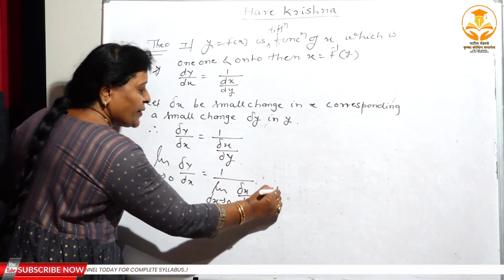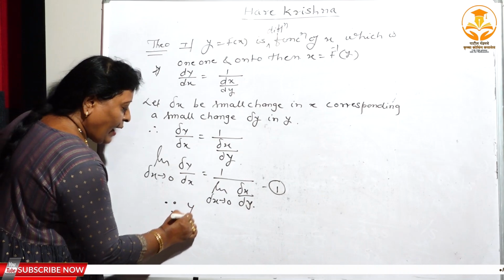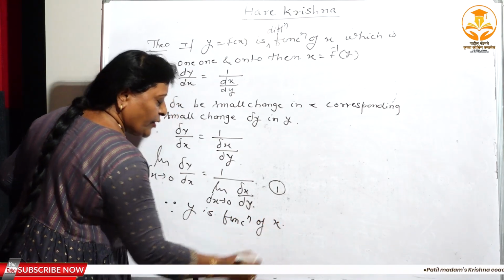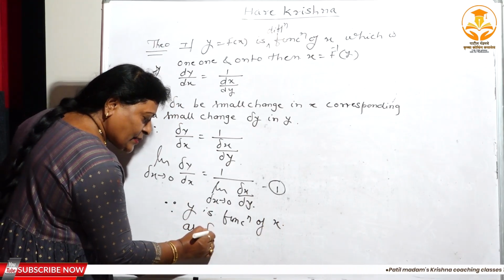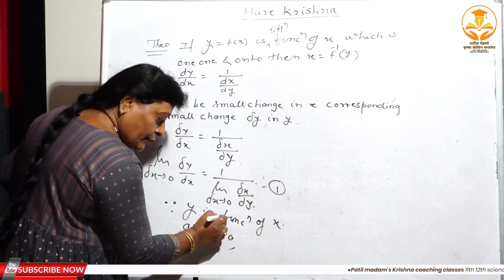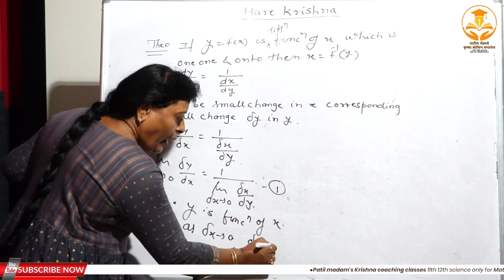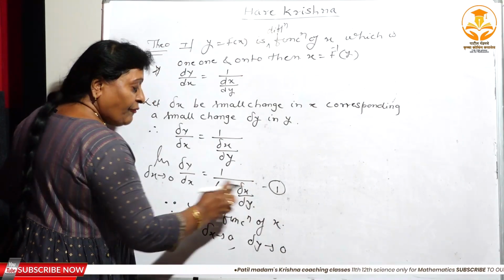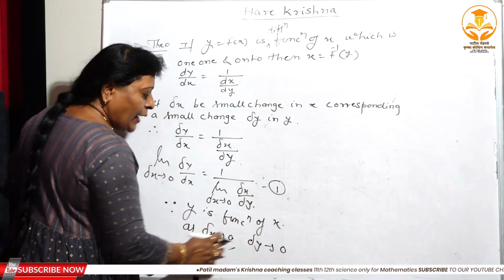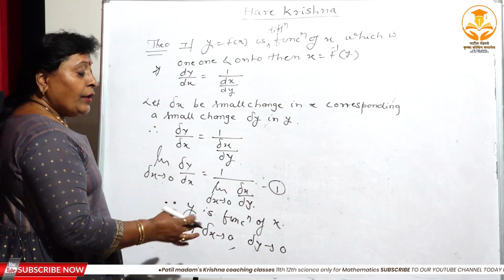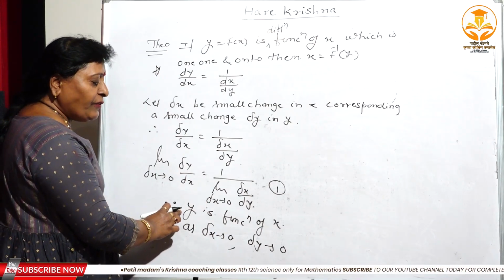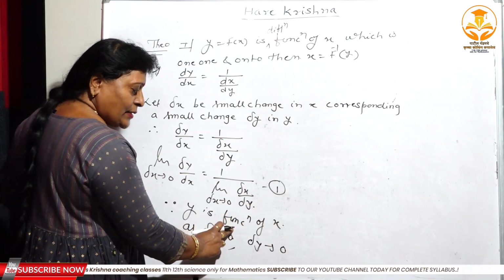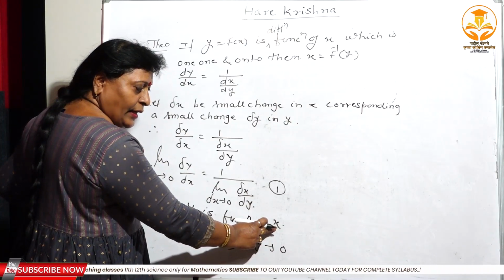Now since y is a function of x, and as del x tends to 0, obviously del y also tends to 0, because y is a function of x, y depends upon x. Whenever the change in the value of x approaches towards 0, therefore the corresponding change in the value of y also approaches towards 0. Got it?